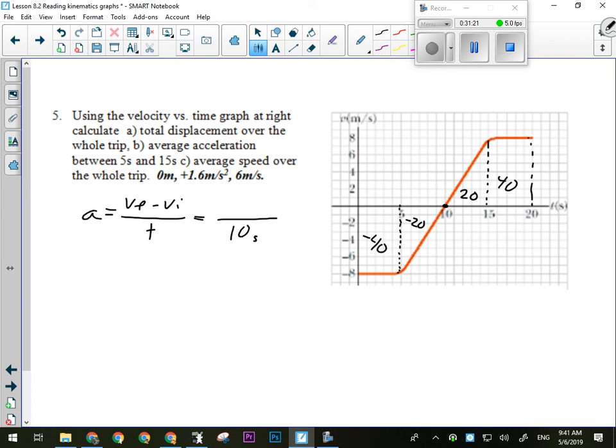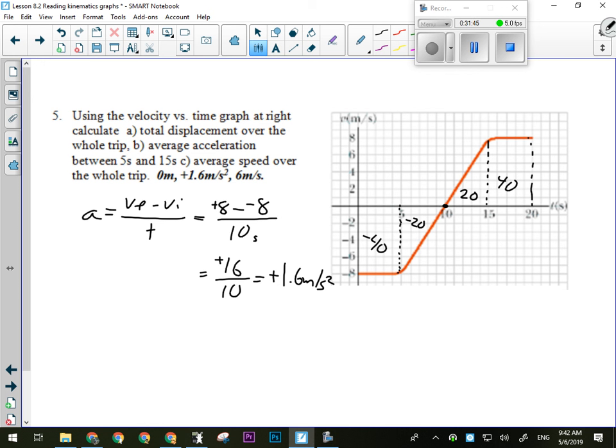My final velocity is positive 8 meters per second, and I'm subtracting -8 meters per second. So 8 minus -8 is 16. So 16 over 10 gives me an acceleration of positive 1.6 meters per second squared.